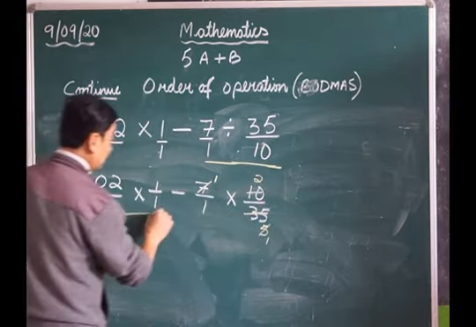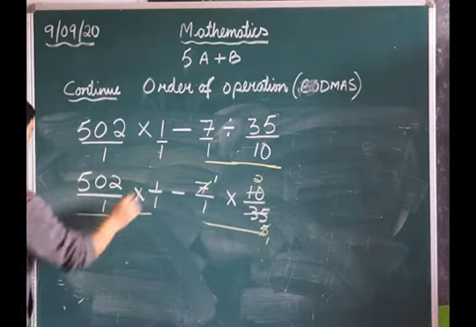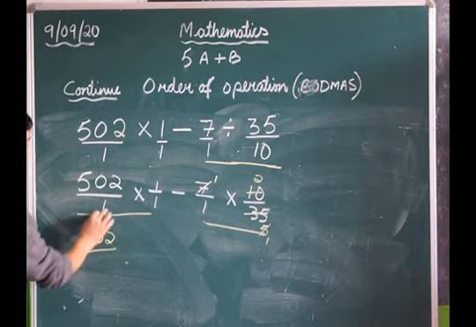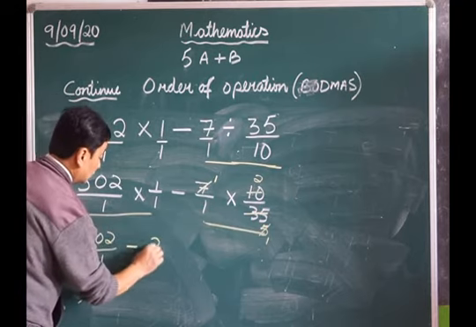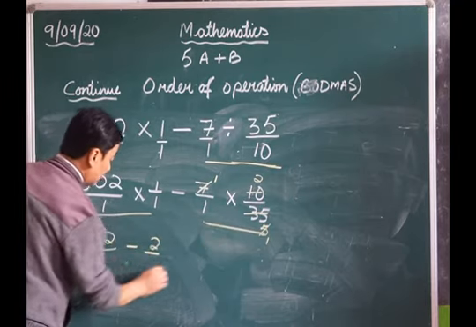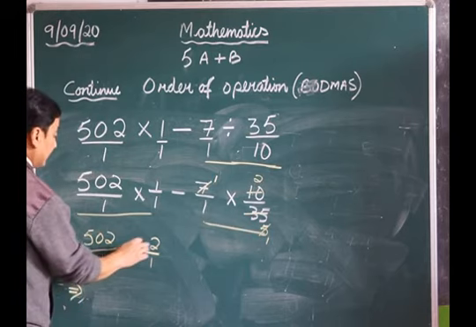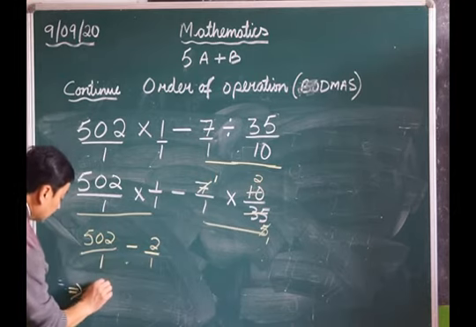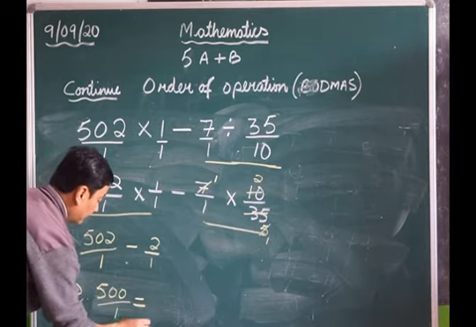Now we must do multiplication. Underline. 502 into 1, 502. 1 into 1, 1. Minus 1 2s are 2, 1 1s are 1. So we've got 502 minus 2. We don't have to find the LCM because the denominator is same. Equals 500 upon 1. 500 upon 1 equals 500.